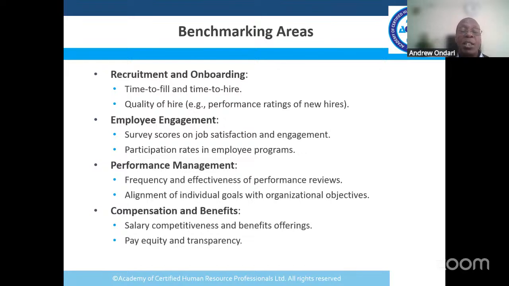What style of leadership is in place in our organization compared to those others which we are comparing with? The other aspect of satisfaction is working conditions and environment. So we need to benchmark the level of satisfaction and what causes this level of satisfaction or dissatisfaction.